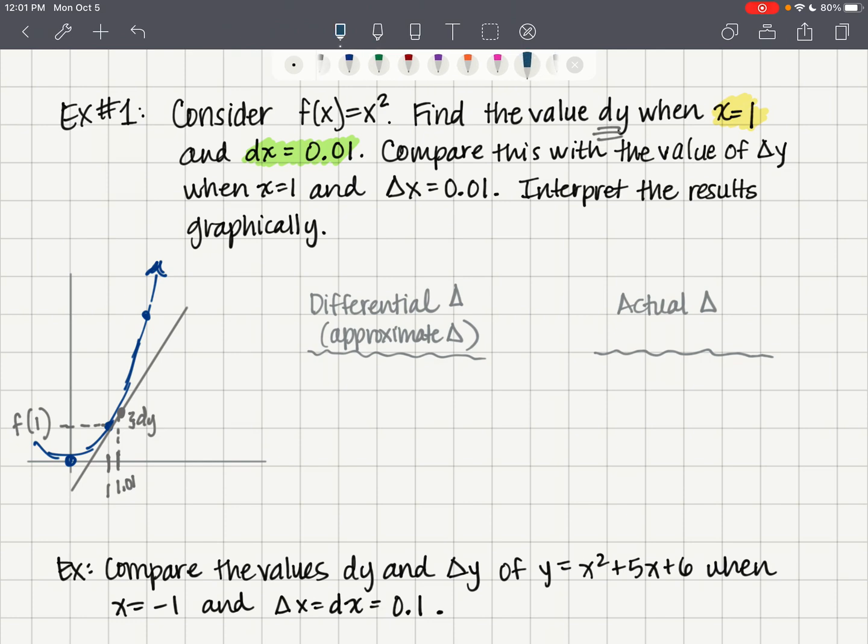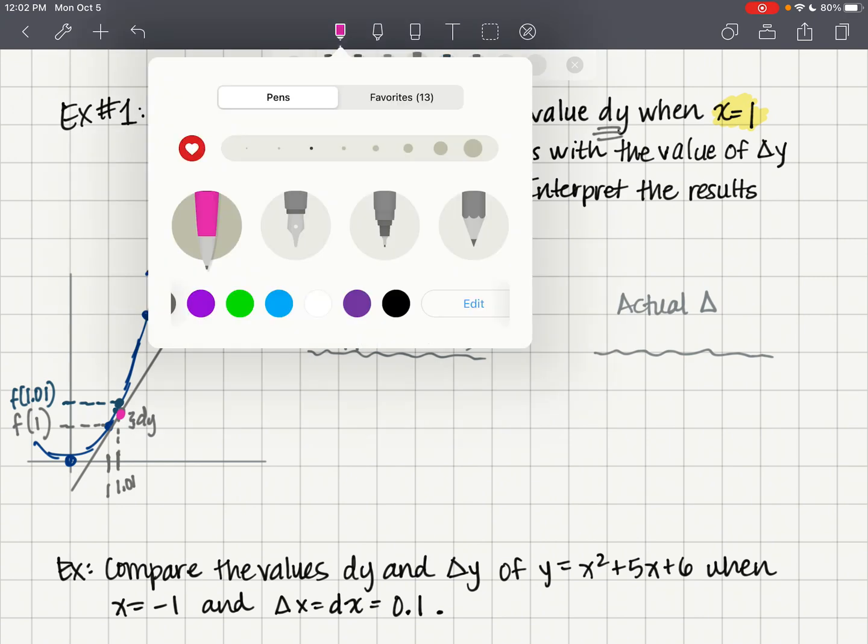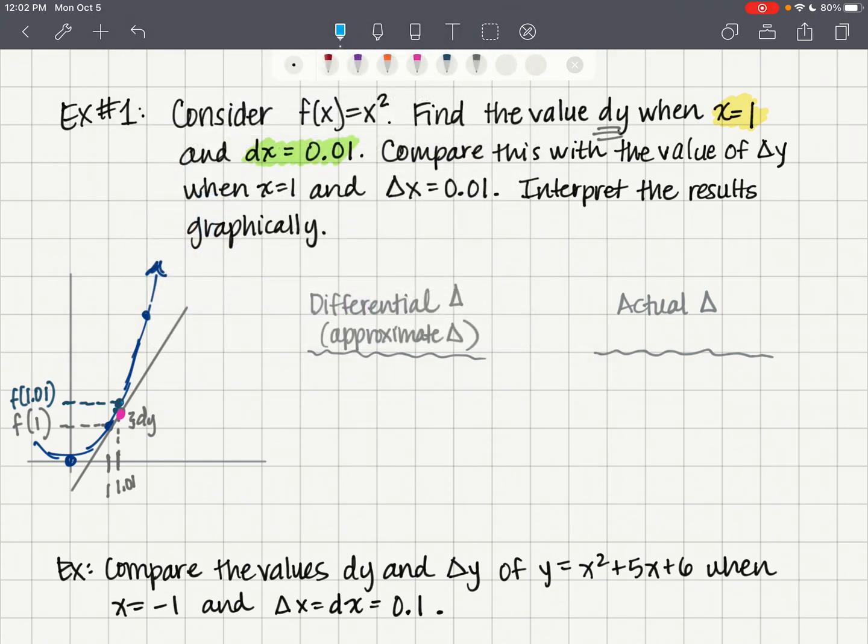Versus, look at this, versus this slightly bigger, because look, the tangent line is underneath the curve, so 1.01 as an input would give you f of 1.01, just above this pink dot. So you'd have that pink dot, and you'd have, let's make it that baby blue again, that blue one.